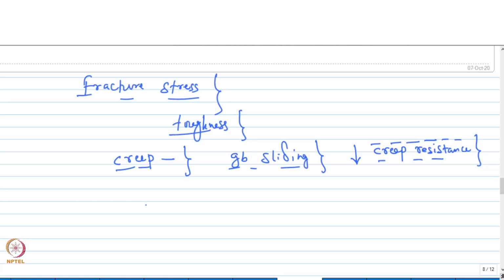And grain refinement also improves the surface finish after anodizing treatment for aluminium and its alloys.